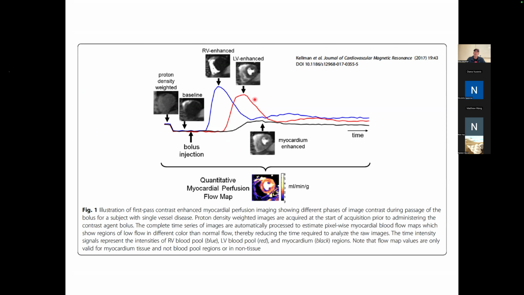So you have the input function, we have the response of the tissue here, and with those parameters, you can measure an actual quantitative flow map, just like we could in PET, where we get milliliters of blood per minute per gram. And you look for these regions in which that blood flow is low.